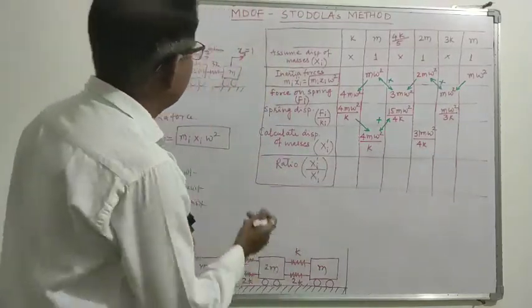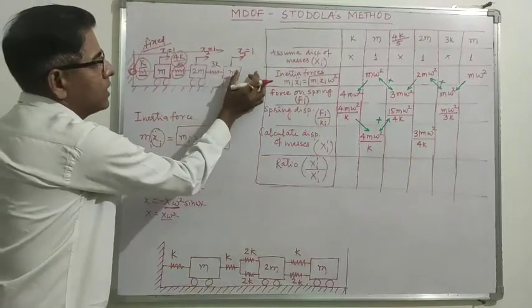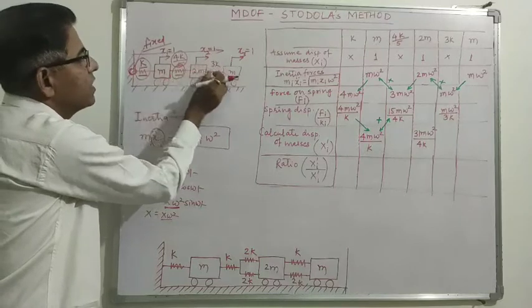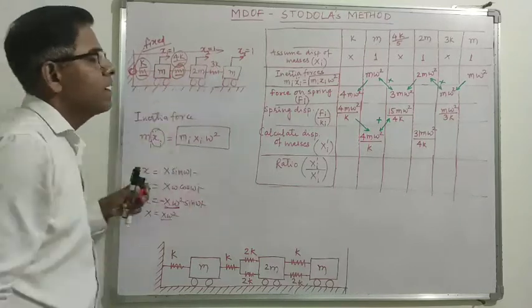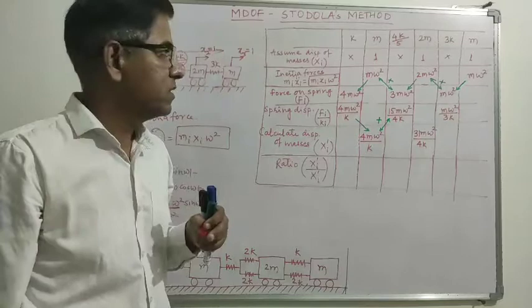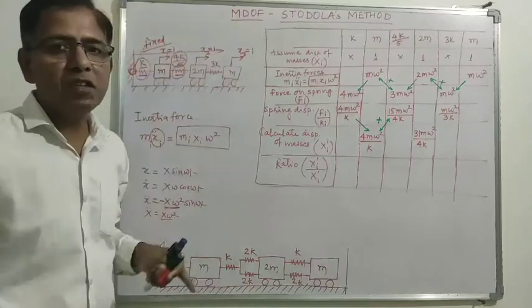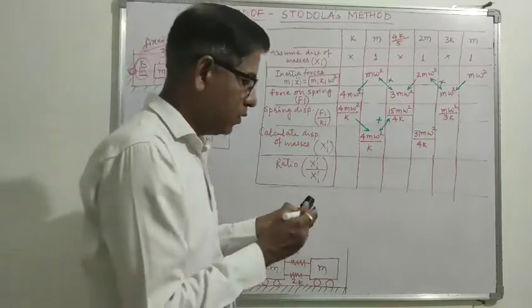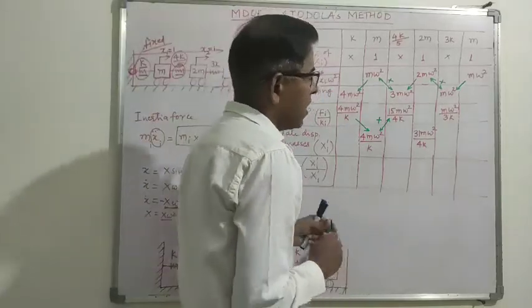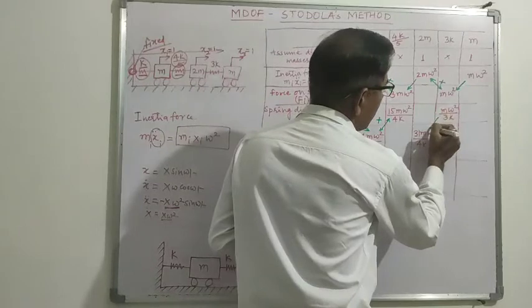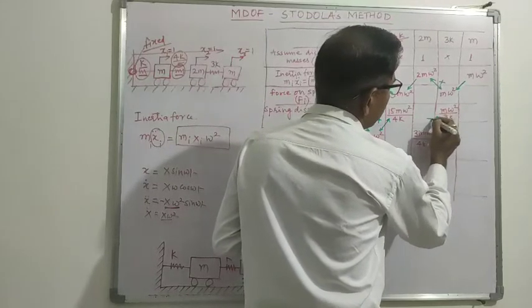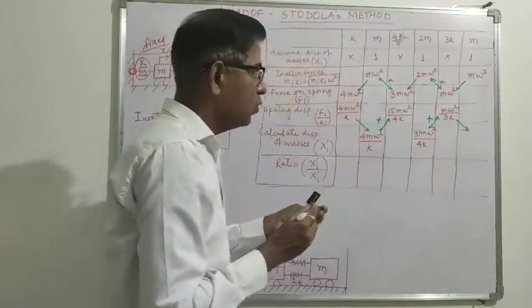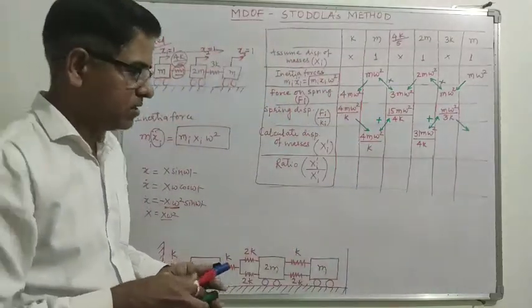Now, how much will this mass m displace? Obviously it will be the summation of the displacement of the three springs, which will be the displacement of this mass. So we will add the displacement of mass 2 and the displacement of spring 3, and that will give you the displacement of the third mass.